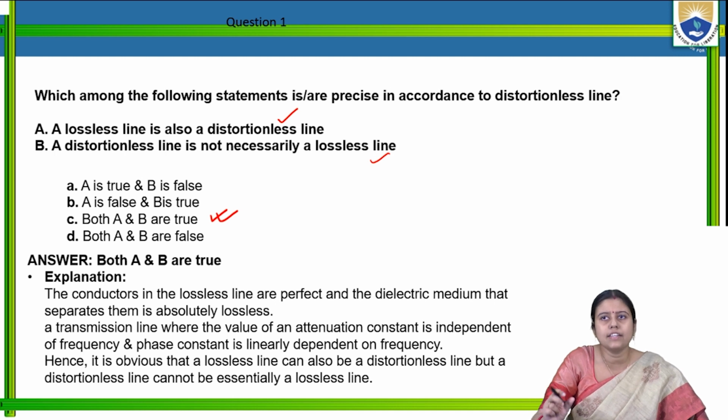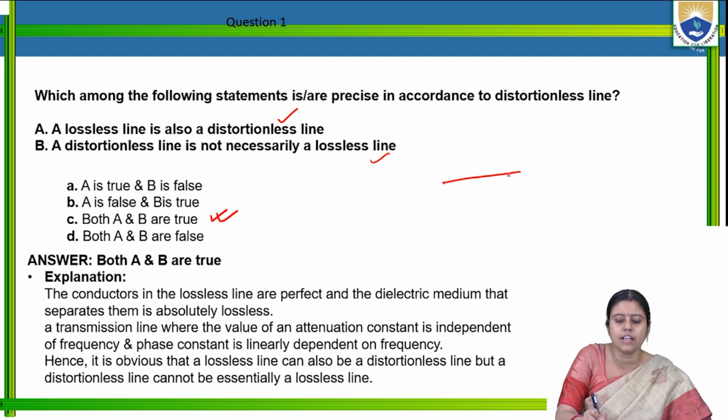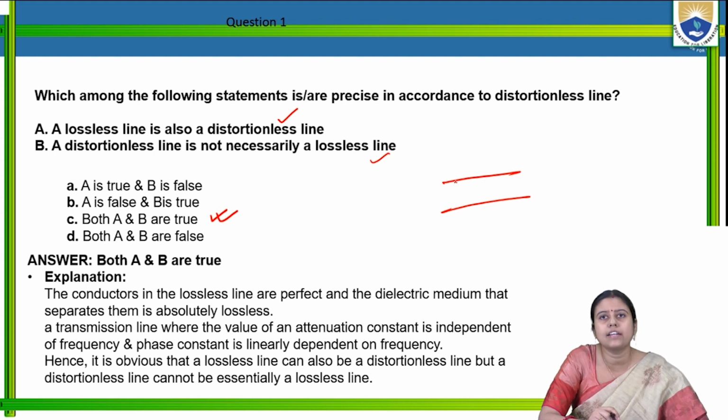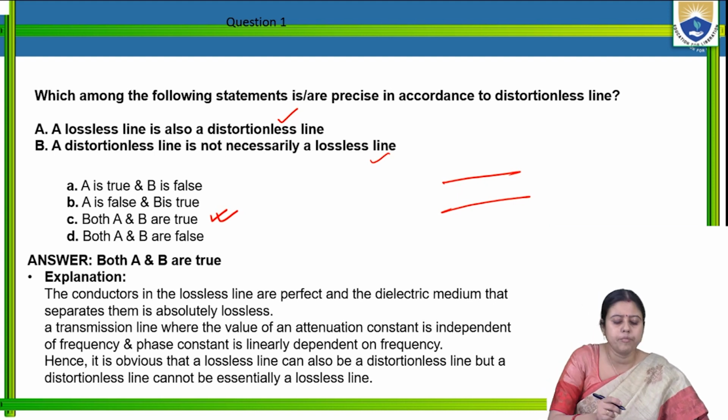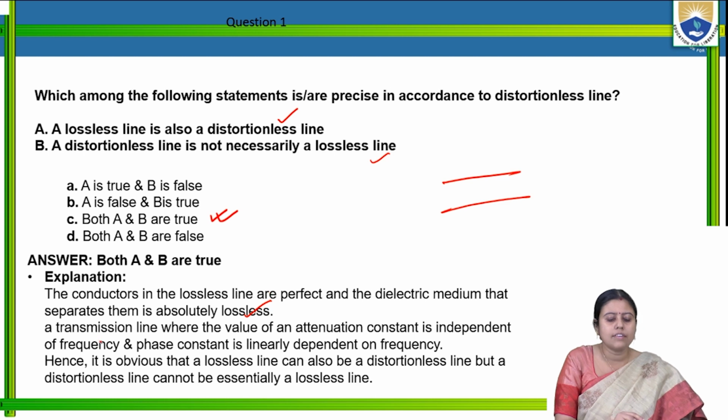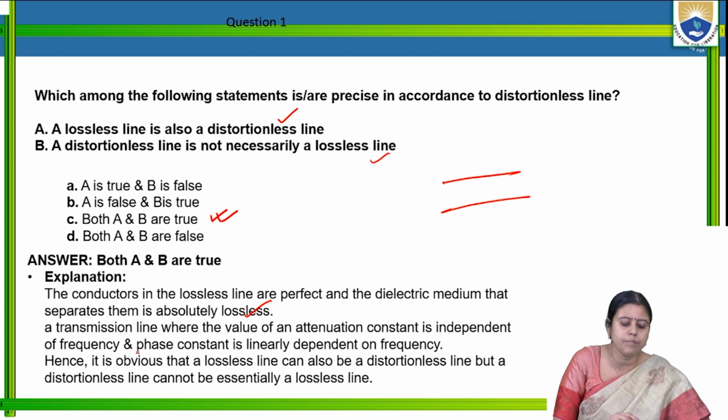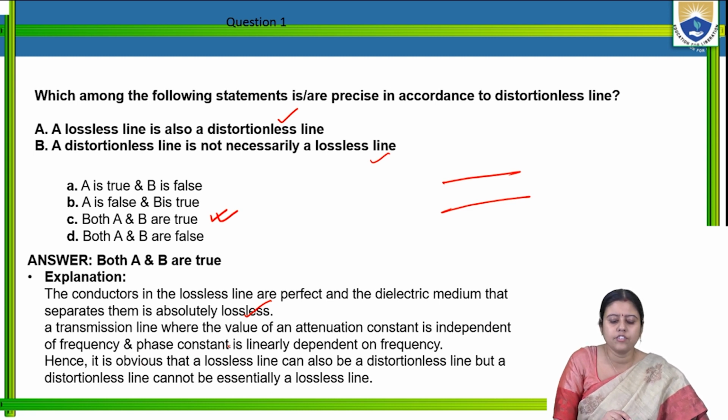In a transmission line where the attenuation is constant, independent of frequency, and the phase constant is linearly dependent on the frequency, it is obvious that a lossless line can also be distortionless, as the distortion depends on the frequency only.